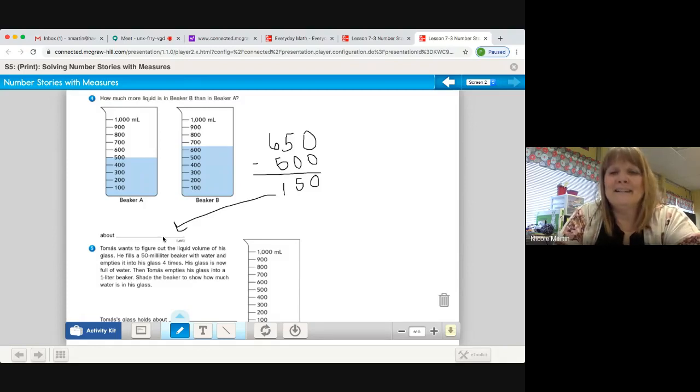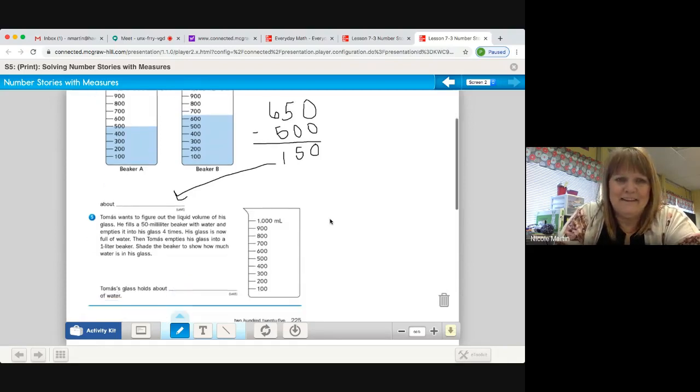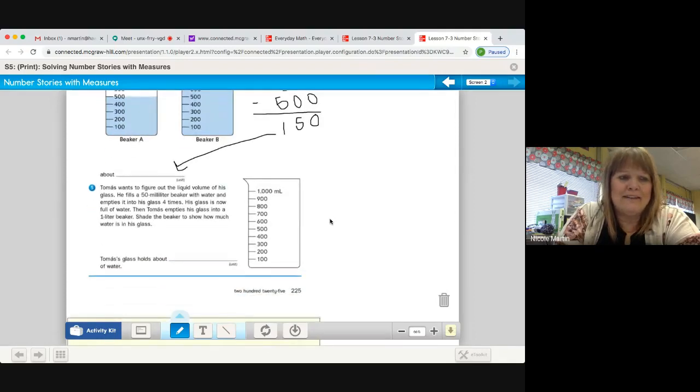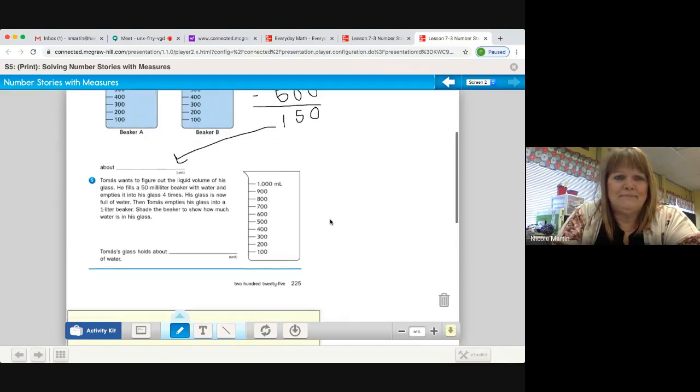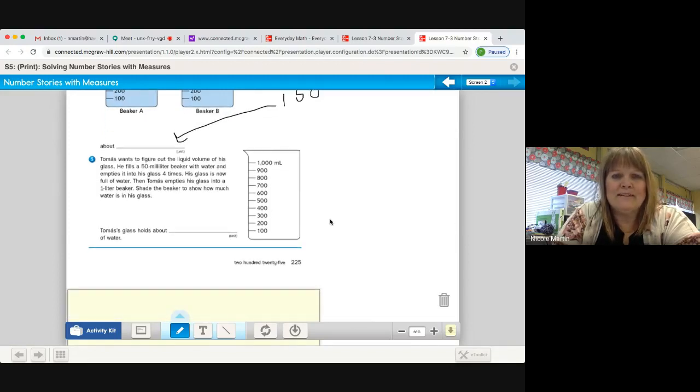Well, that one was easy. I have a feeling this next one might not be as easy. Again, if I'm going too fast, just hit pause, and then you can come back to it or look at it again. Thomas wants to figure out the liquid volume of his glass. He fills a beaker to 50 milliliters. Remember, a beaker looks just kind of like what I showed you on Monday.